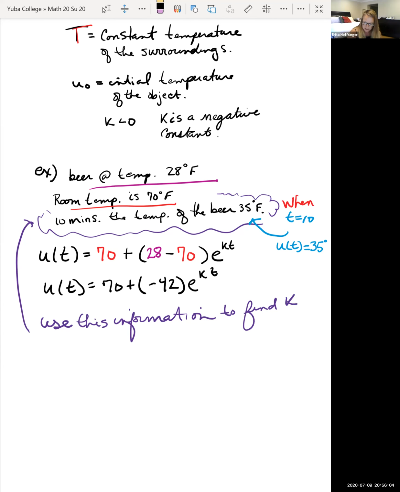Okay, so u(t), we know that temperature is 35 degrees, is equal to 70 plus, minus 42 e to the k times t, and t at this time was 10 minutes.